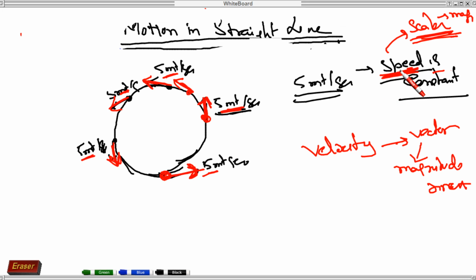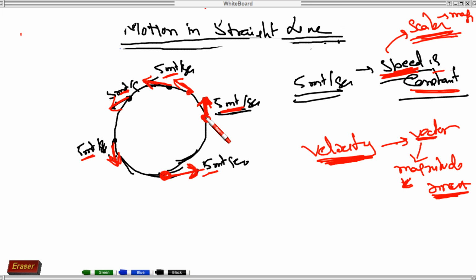So speed is constant, but velocity is not constant, because velocity contains both magnitude and direction.